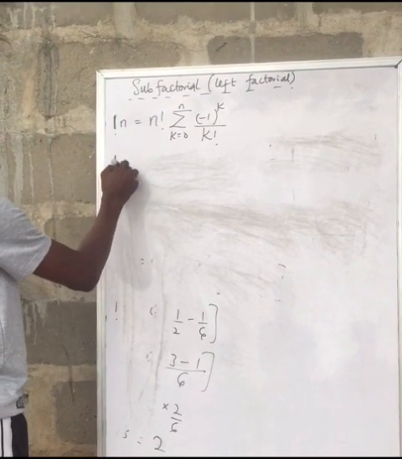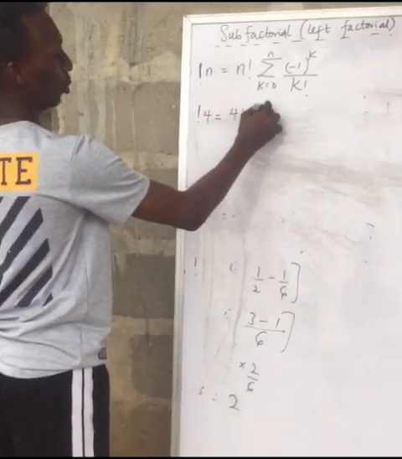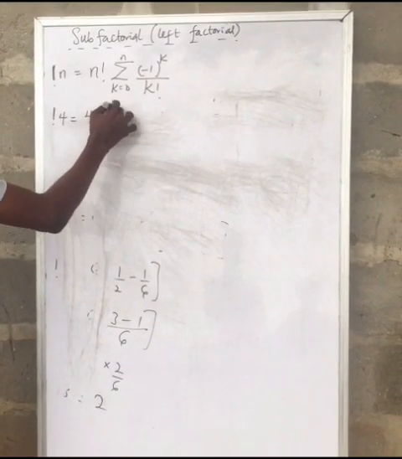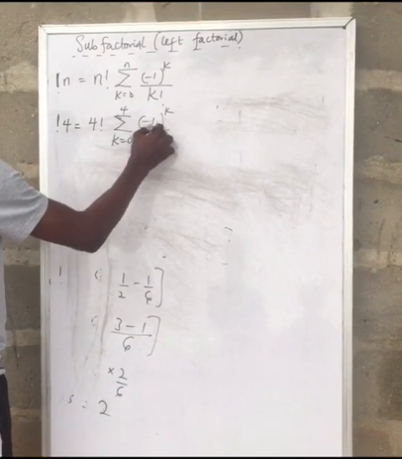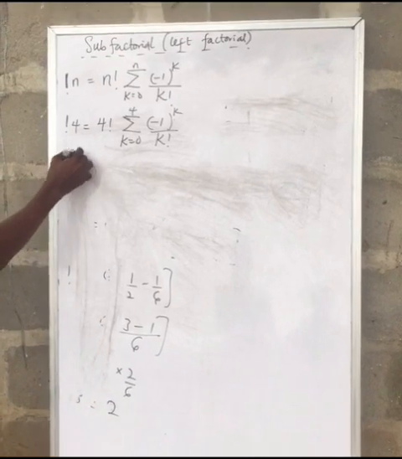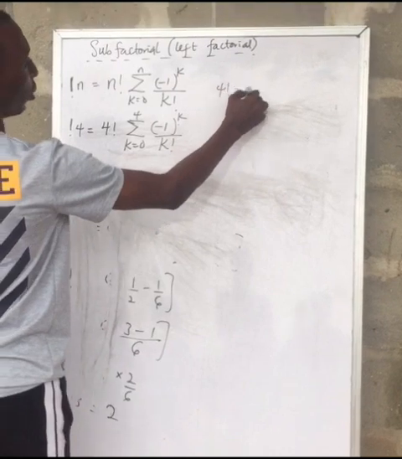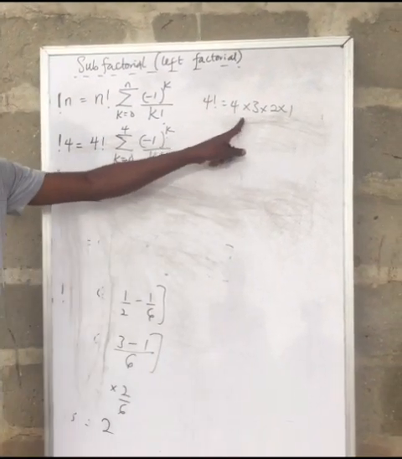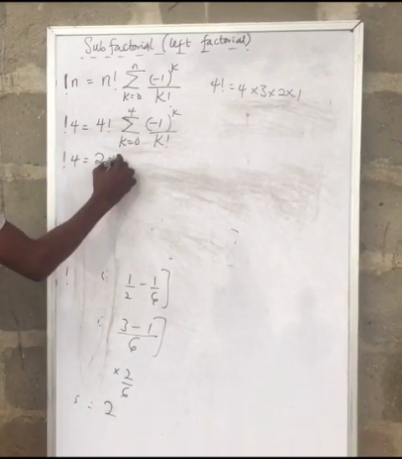The subfactorial of 4 will now be 4 factorial times the summation of k from 0 to 4 of (-1)^k over k factorial. So in this case, all we need to do is take the same procedure. Remember, 4 factorial will be 4 times 3 times 2 times 1. 4 times 3 is 12, times 2 is 24. So we have 24 open bracket.